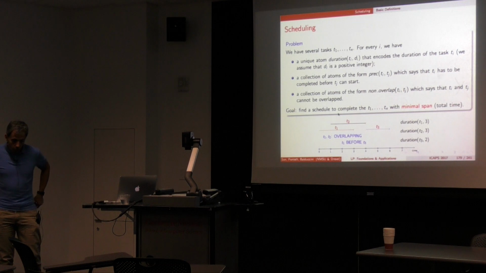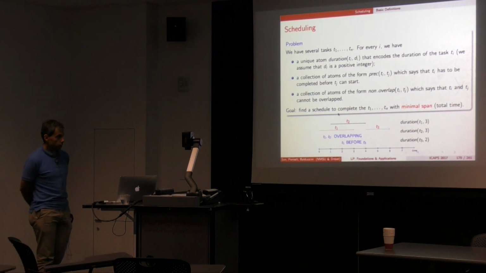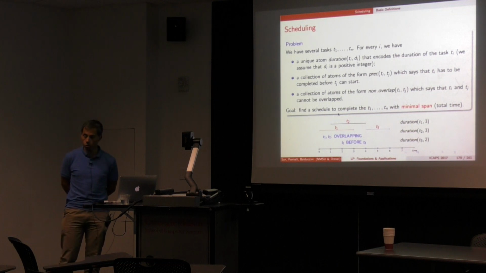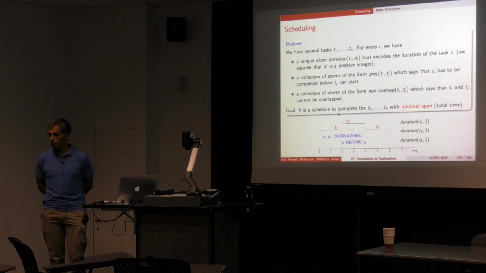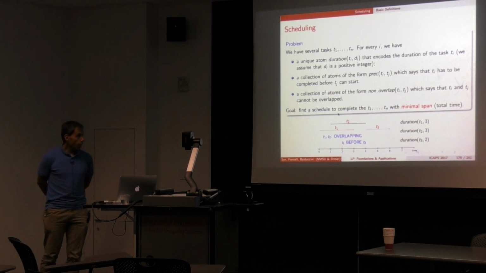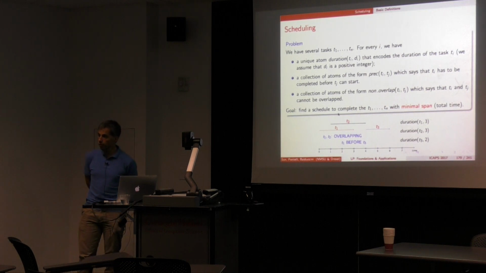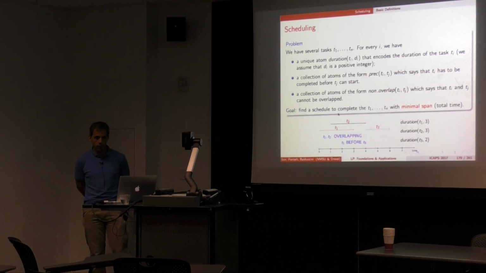So here we're going to look at how we apply all the techniques and technologies covered so far to the problem of scheduling. From a high-level perspective, the problem of scheduling is a problem in which we have several tasks, say T1 through Tn.